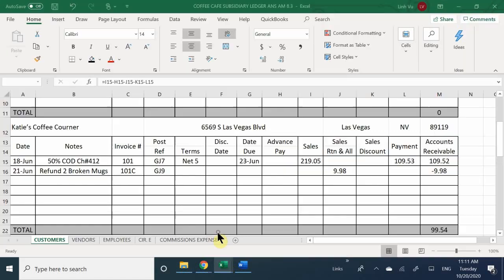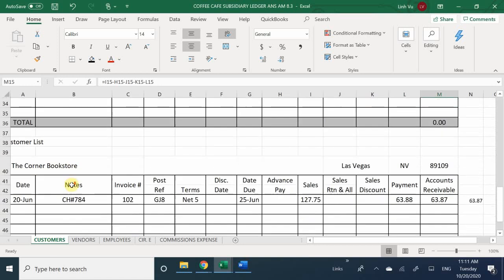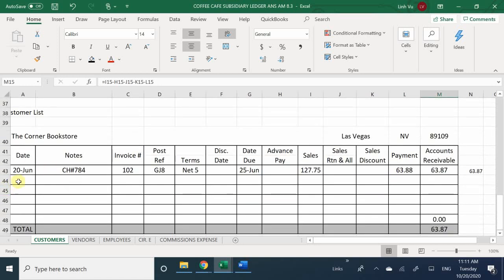Last but not least, let's update our customer subsidiary ledger. So Corner Bookstore is going to be the 4th box. Again, the 21st.